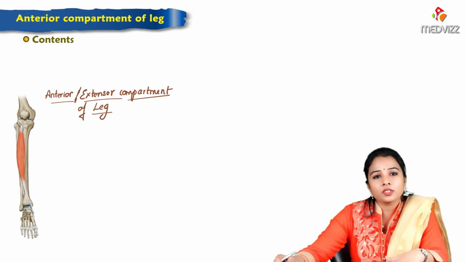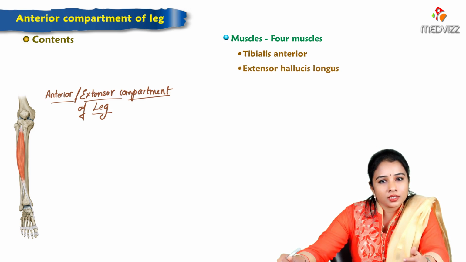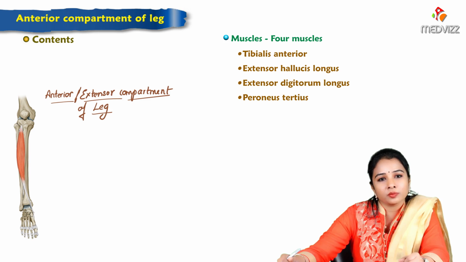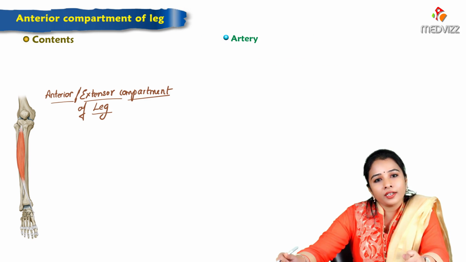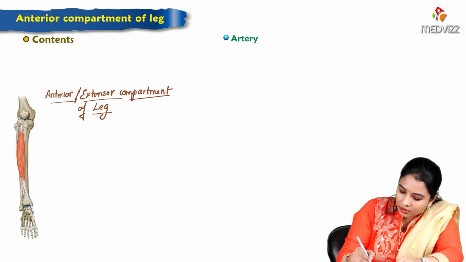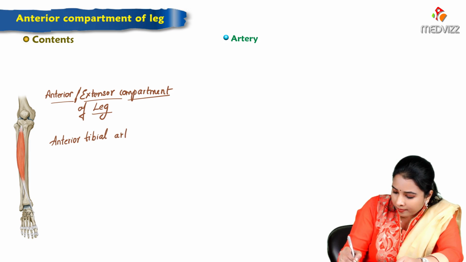So the contents of this anterior compartment: there are 4 muscles which we are going to learn now. The anterior compartment has tibialis anterior, extensor hallucis longus, extensor digitorum longus and peroneus tertius muscle. The artery of the anterior compartment is the anterior tibial artery, so all these muscles are supplied by the anterior tibial artery.